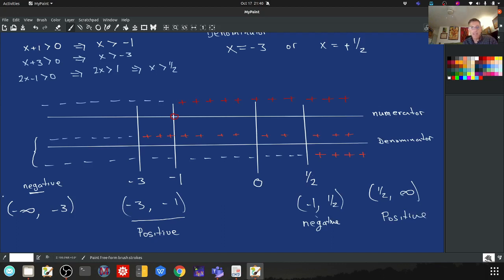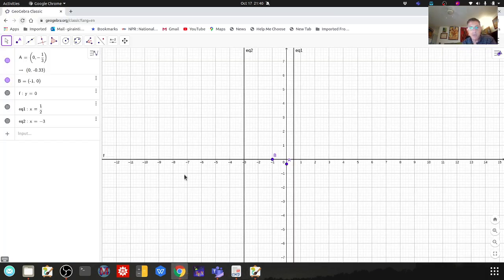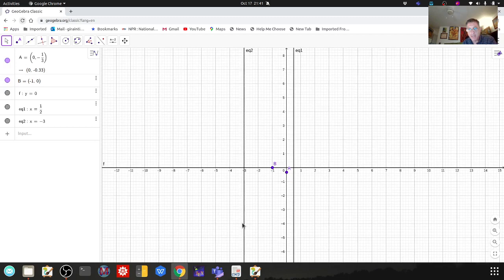So I start out negative, then I go to positive, then negative, and then positive. When I actually plot this, we'll see how interesting it is. Over here on GeoGebra, in this section it's negative, and that's an asymptote. So it has to get really close to the x-axis, and it's always going to stay negative, so it's going to go down that way.